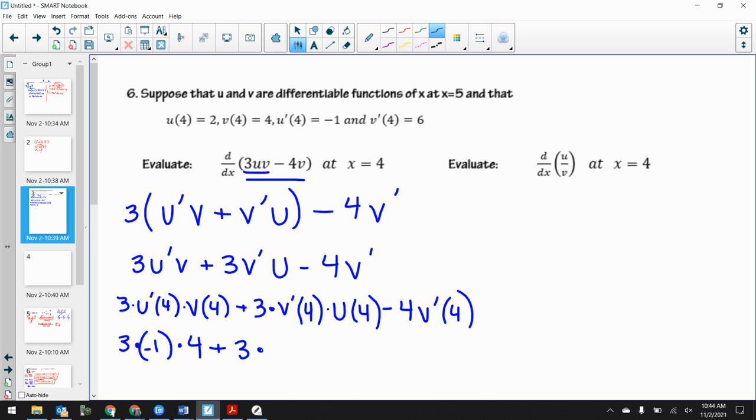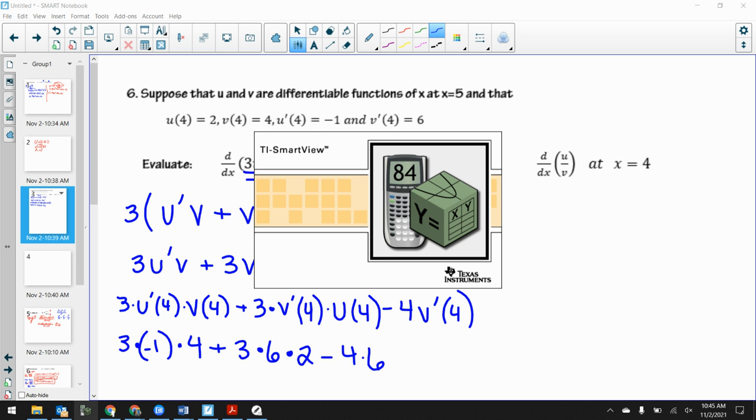Plus 3 times, what is v prime of 4? 6. Times u of 4, 2, minus 4 times v prime of 4, which gets us a 6 again. Okay, now I just got numbers.